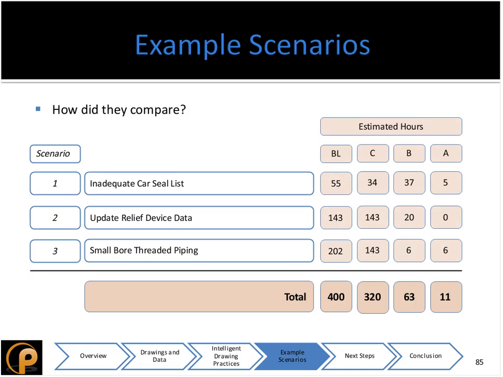So how do all of these scenarios compare? Well, just by looking at the totals at the bottom, you can see, as you would expect, as you gain intelligence in your drawings, the time decreases for these efforts.